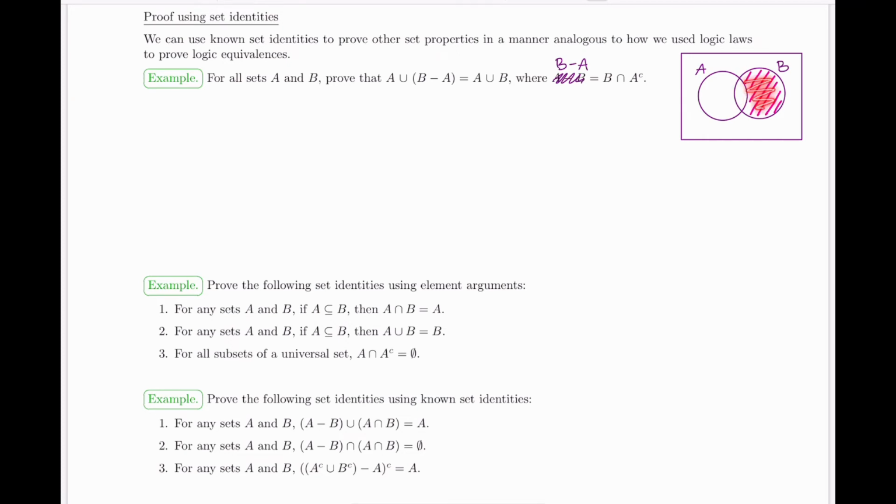What I'm left with is the part of set B that is only its own.